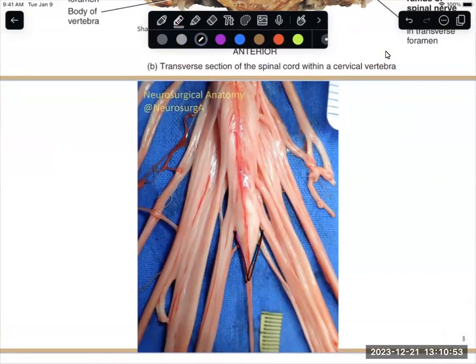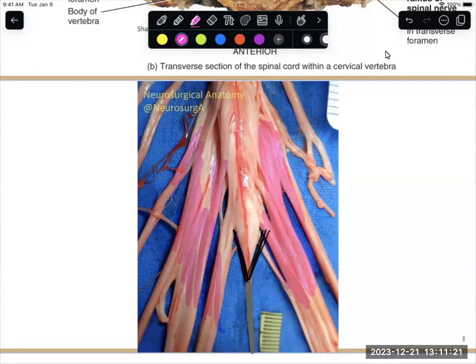This is that conus medullaris, this point at the end of that spinal cord. Coming down, this portion that is coming down is that filum terminale. All of these nerves here will come down and they are going to form that cauda equina.